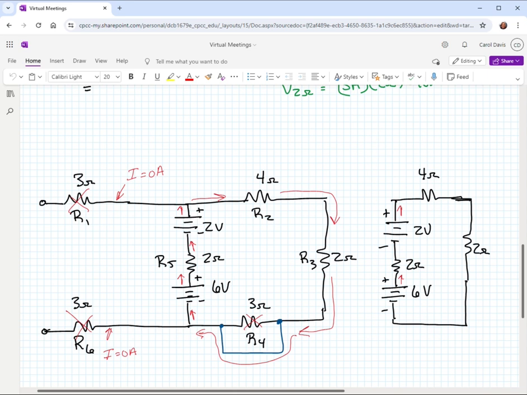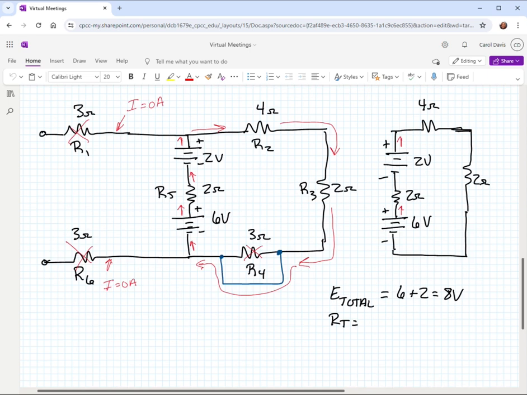So that means your total voltage source, and I'm going to call it E. We tend to say total voltage is E, the voltage that we supply. That's electromotive force, so that's why. That's going to be a 6 plus 2 or an 8 volt total source. And then we have our R total. Let me move this down a little bit.